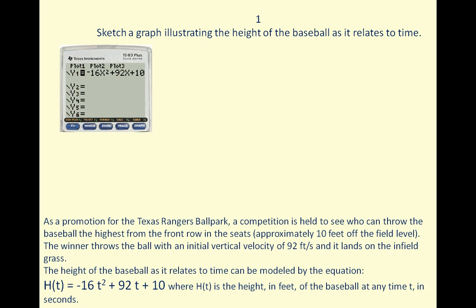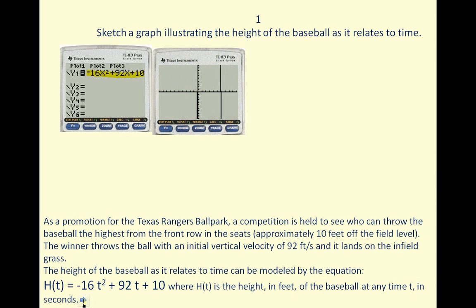I have a TI-83 here, and I placed the h of t function as negative 16x squared plus 92t plus 10. So you'll notice up in the calculator that I've put in x's everywhere t is, because it doesn't matter which variable you use.